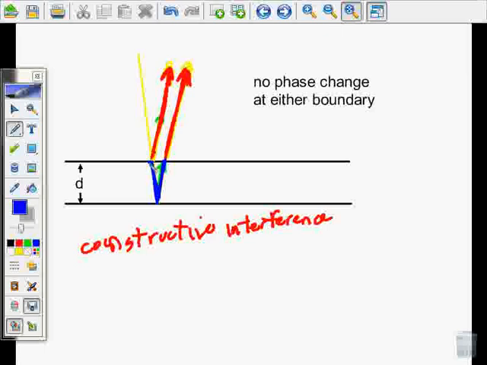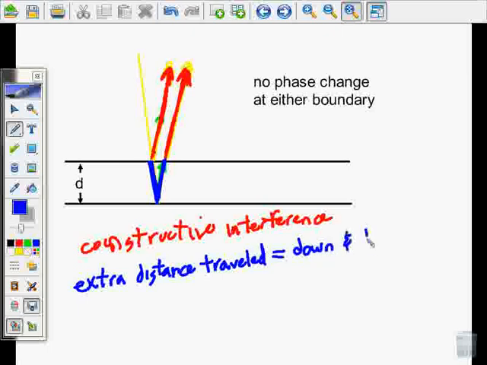The extra distance down and back is going to be equal to 2d, twice the distance. Now, I know what you're saying. Isn't there a little triangle there? Isn't it the hypotenuse?